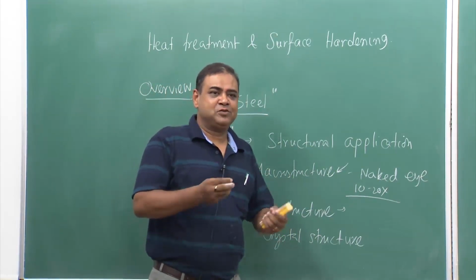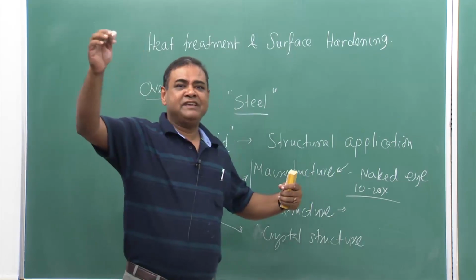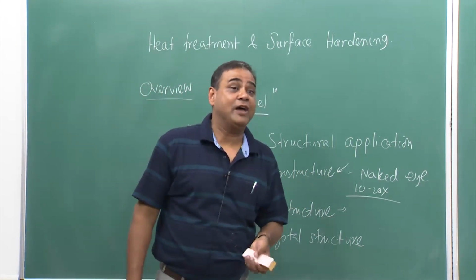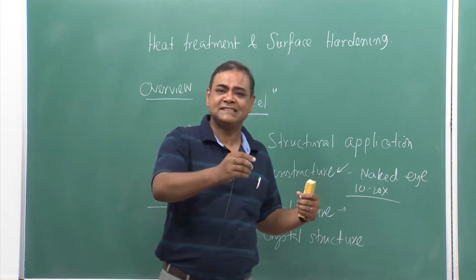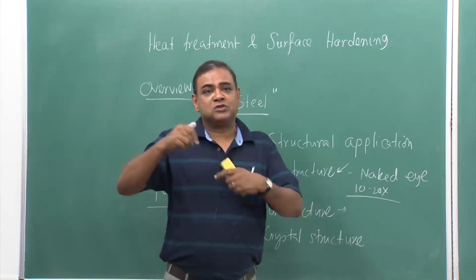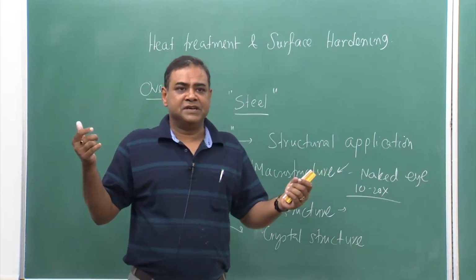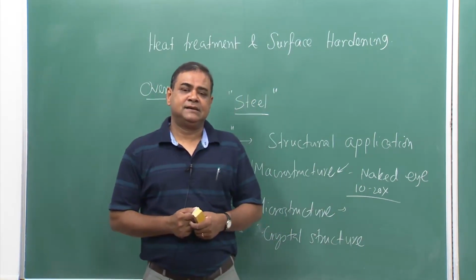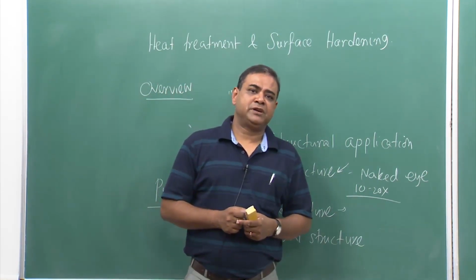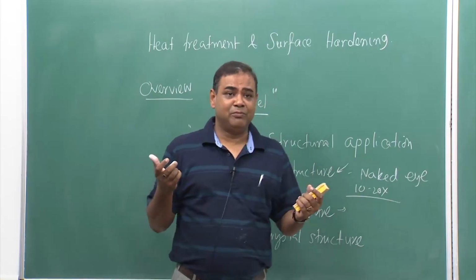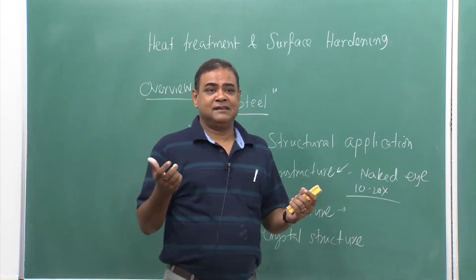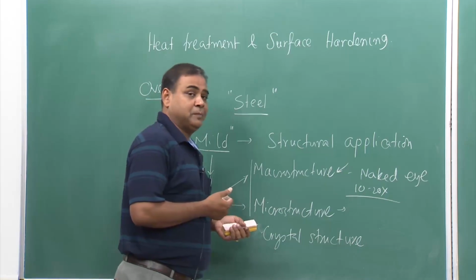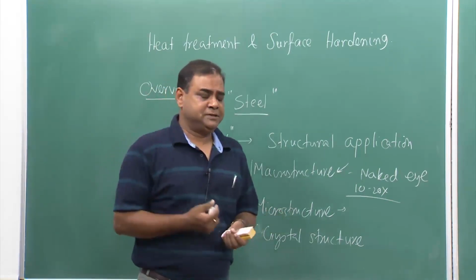That means we have an entire range of microscopes. For example, an optical microscope, where we can go up to 2000x, or we can use a sophisticated transmission electron microscope, popularly known as TEM, where we can go 1,000,000 times.